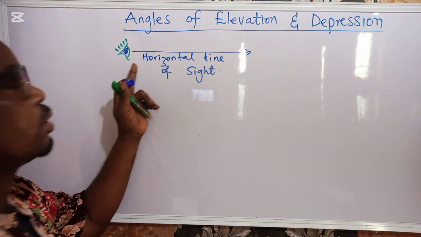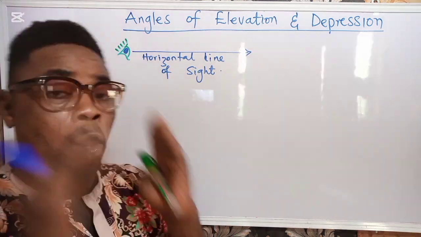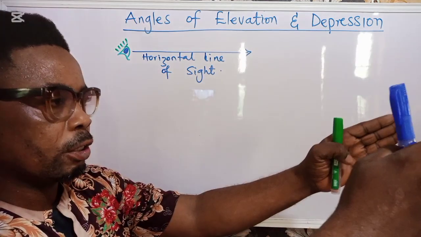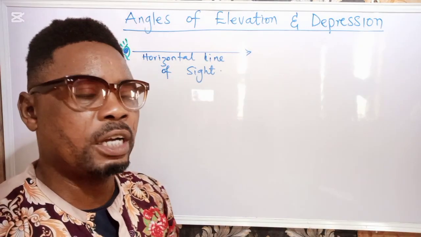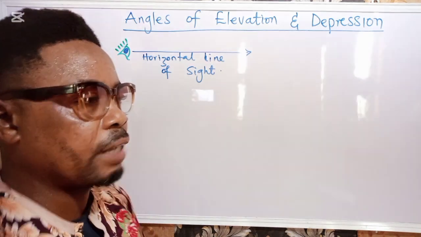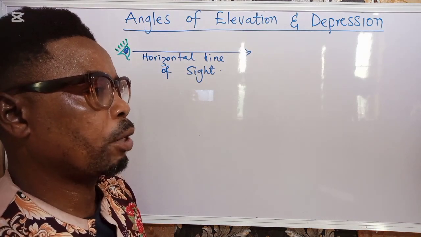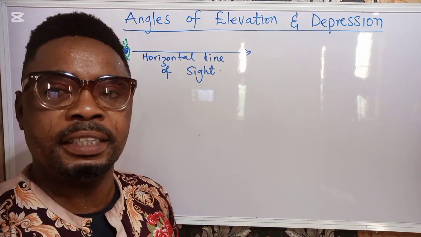This is horizontal line of sight, the original level that an eye needs to focus on without any distraction. I believe you might have seen a soldier, especially when they are reciting the national anthem. They look straight this way. That is the horizontal level of sight.